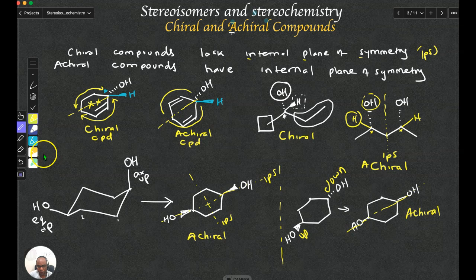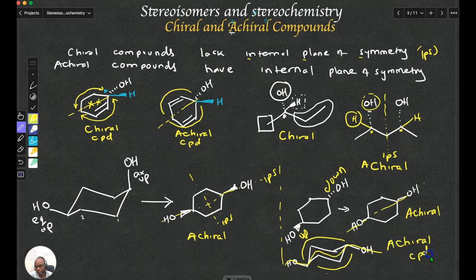In other words, if you are to draw the chair, this is how maybe the chair will look. The most stable chair, you can see that we can cut it into equal halves along this plane, and the back side is reflected on the front side of the chair, so still it is an achiral compound. Okay, that is how to determine chiral and achiral compounds.